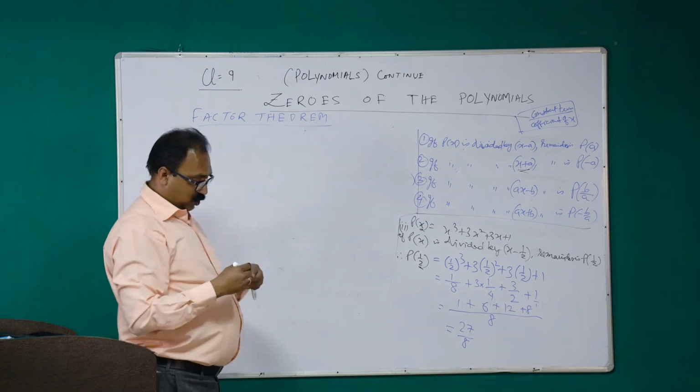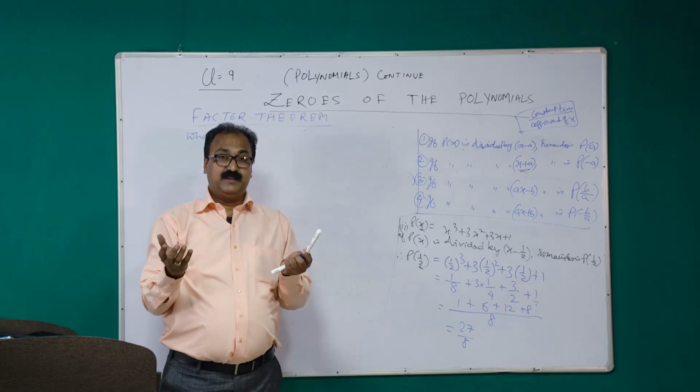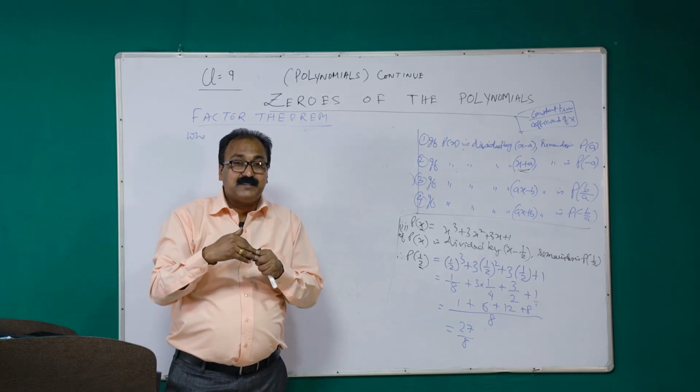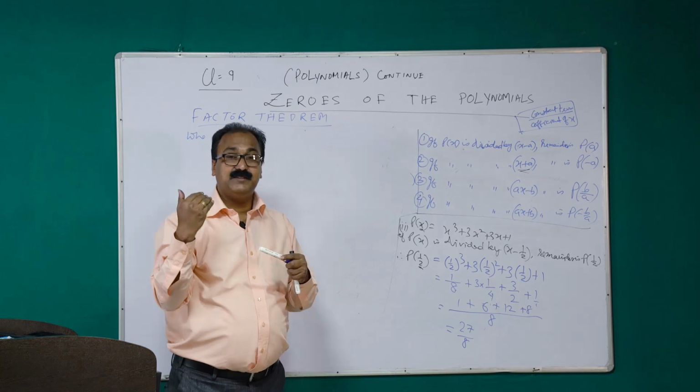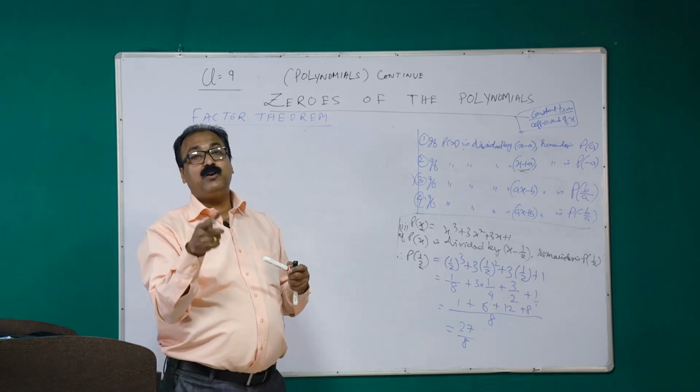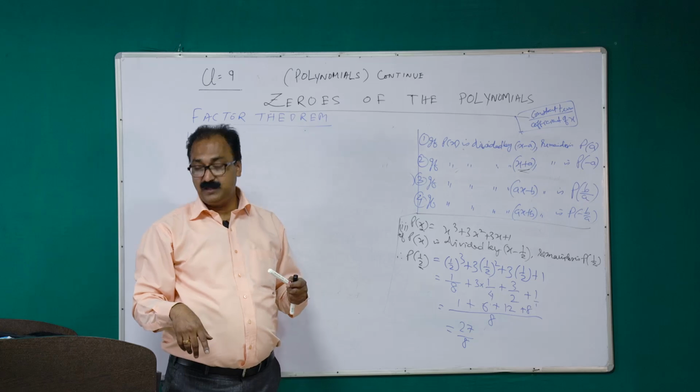When P of x is divided by x plus a or x minus a, and we get remainder 0, that time we call x minus a a factor of these things.